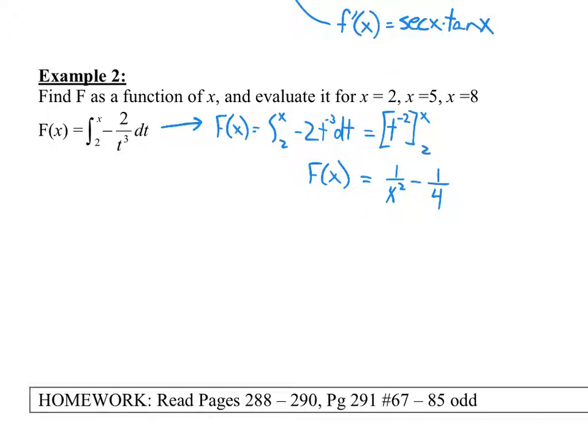The alternative would actually be using what we just did, but notice that would only give you f prime of x would be negative 2 over x cubed. And then I would need to take the integral of that. But notice at that point, essentially we're doing the same thing.